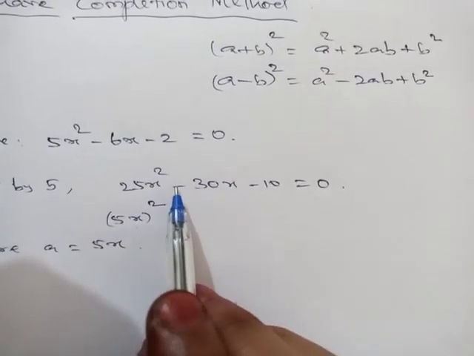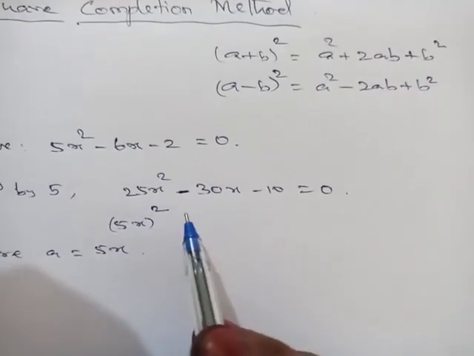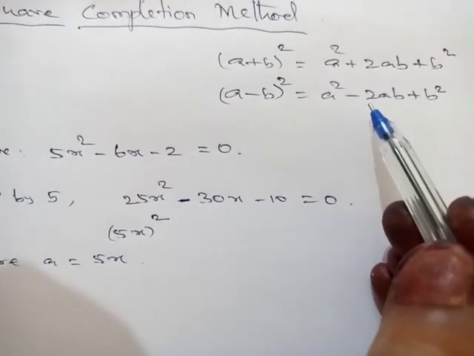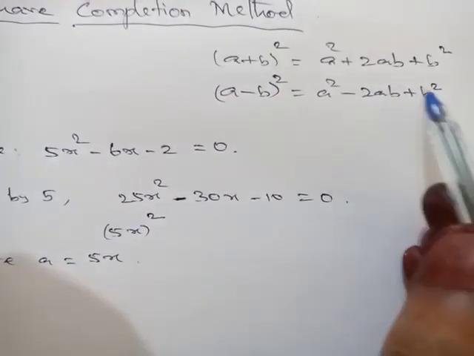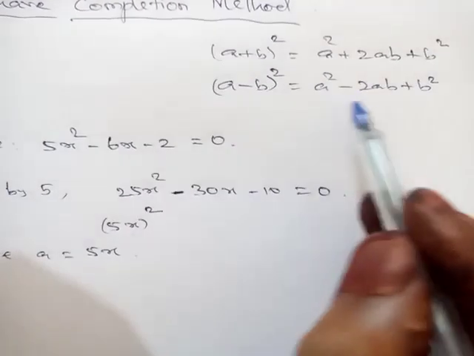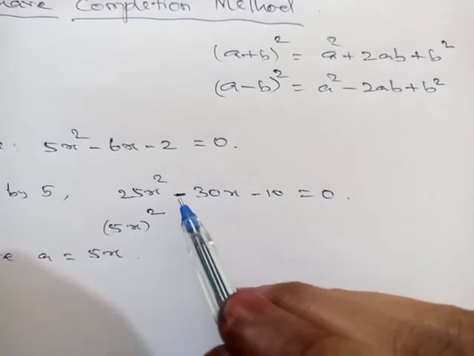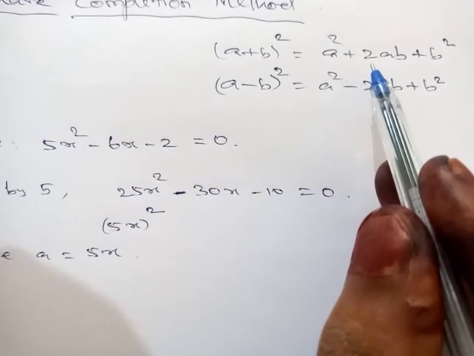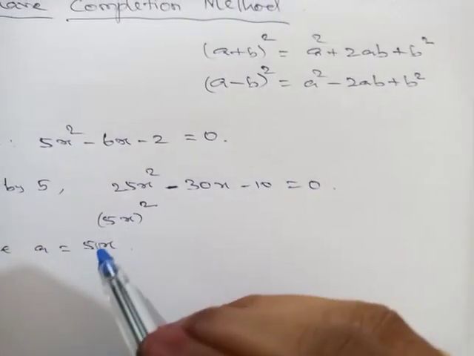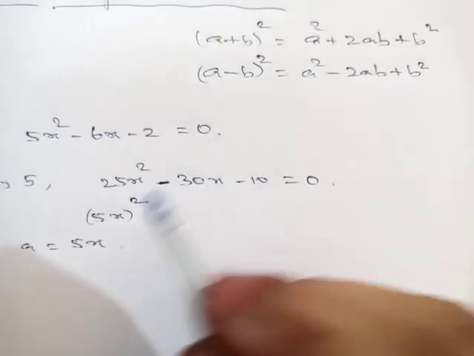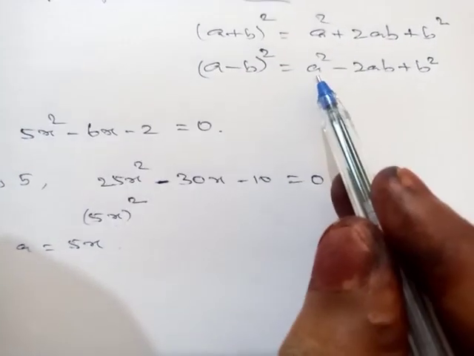This x term has a negative sign, right? Minus is there, so we have to choose this minus 2ab format. If it is plus here, we can choose the other format. Are you clear? So a value is 5x, so 5x whole square, that is a square.